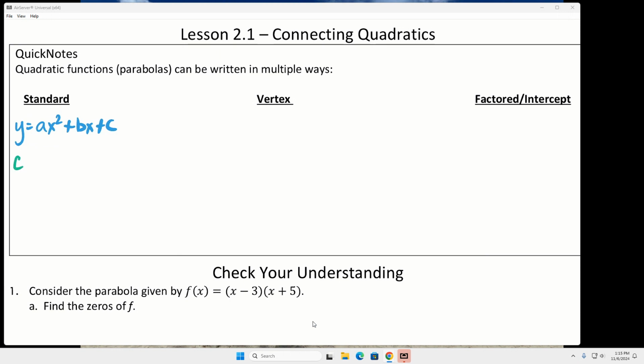Do you guys remember what C is from Algebra 2? Yes, good. C is the y-intercept, which is helpful, but the other ones are more helpful because you can't really get a whole lot from the graph just from one little point on it, the y-intercept.